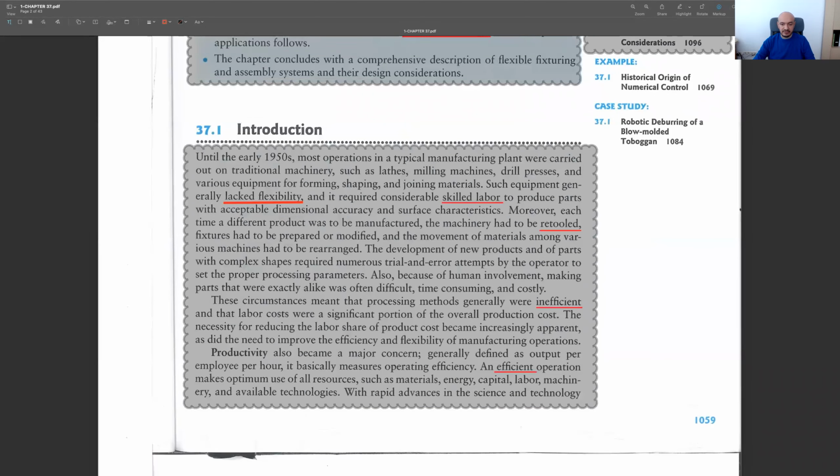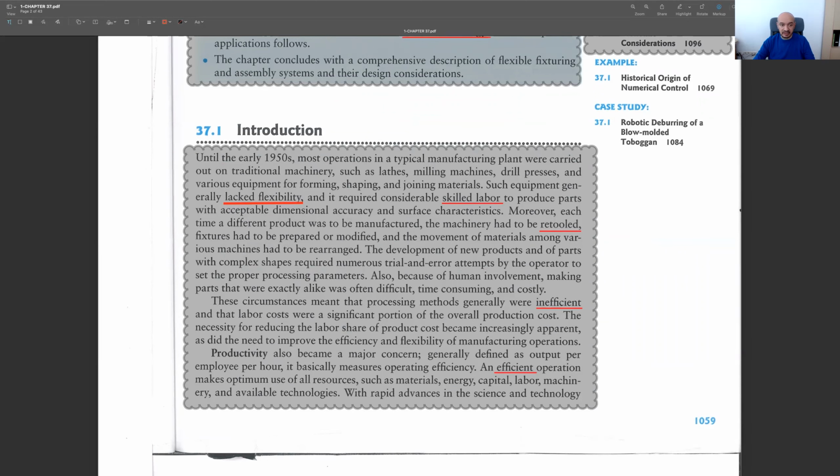And let's quickly discuss the history behind manufacturing and automation. Until actually the 1950s, we didn't have any automation in manufacturing plants. The manufacturing was all done with labor, and we needed skilled labor.